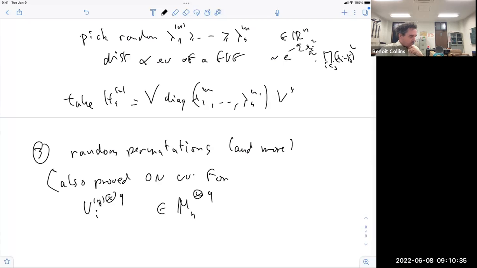And roughly speaking, one reason is that we have much less randomness, which also relates to the problem of random permutations.